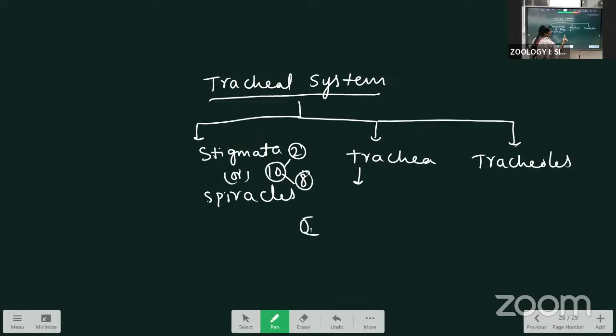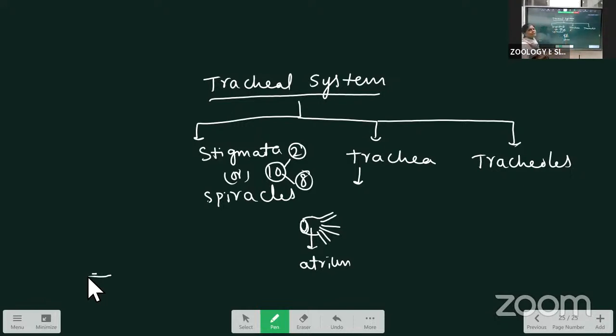That empty space we call an atrium, or also atria. This atrium opens into tube-like structures. These tube-like structures we call the trachea. Here, trachea means tube-like structures.